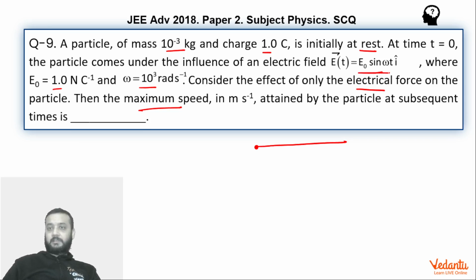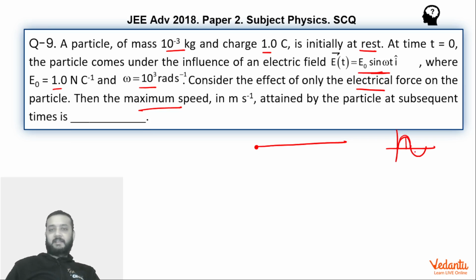Now if you see this function, it's very easy to see that the angle of sine omega t will start from 0 at time 0, and the moment omega t becomes pi, it will again become 0. If you see the graph of the sine function, it's like that. So this is 0, this is pi by 2 and this is again pi. So basically in this region sine theta will remain positive.